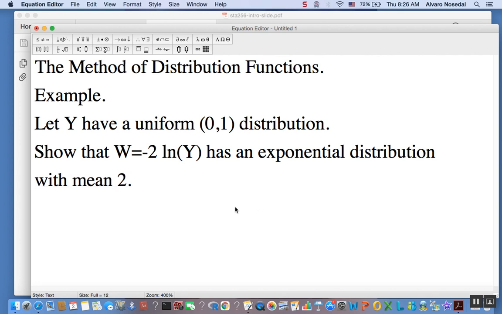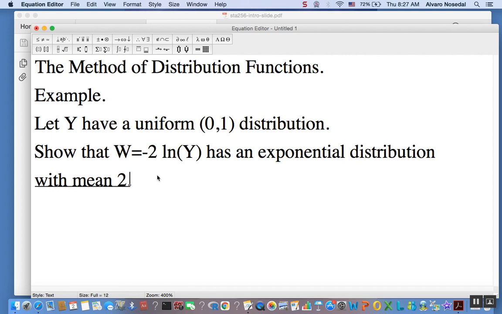The transformation is going to be given by -2 times the natural log of y. And what we want to show is that by transforming that uniform random variable that way, we end up with an exponential distribution with mean 2.